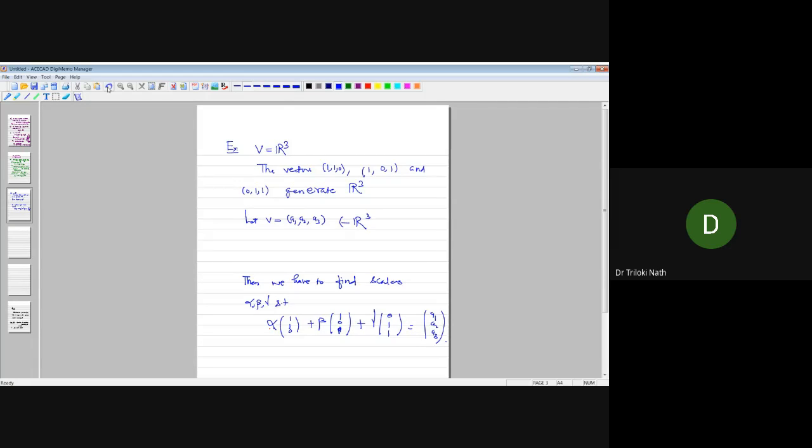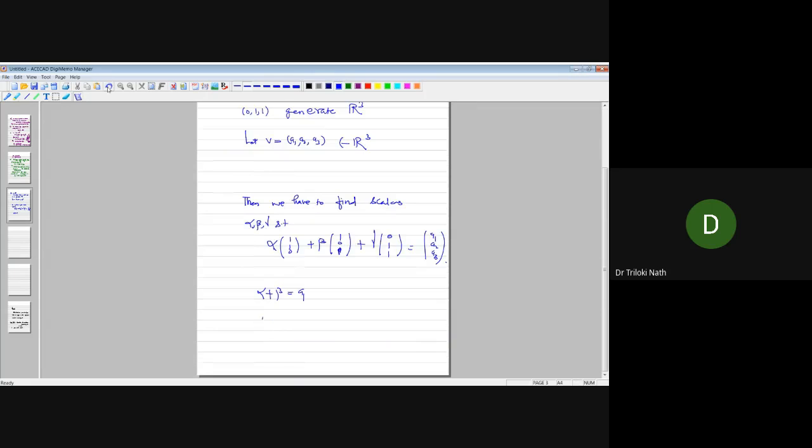If you solve this, then you will get alpha plus beta is equal to A1, alpha plus gamma is equal to A2, and beta plus gamma is equal to A3. So whether it is possible to find alpha, beta, gamma in terms of A1, A2, A3 or not.